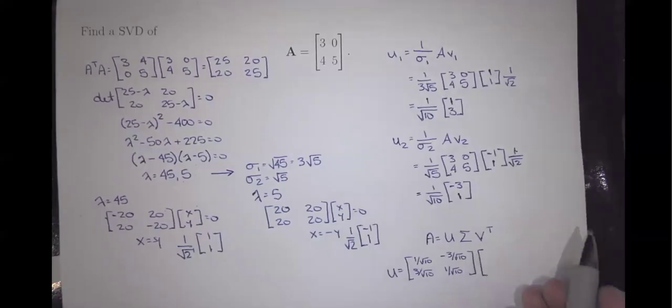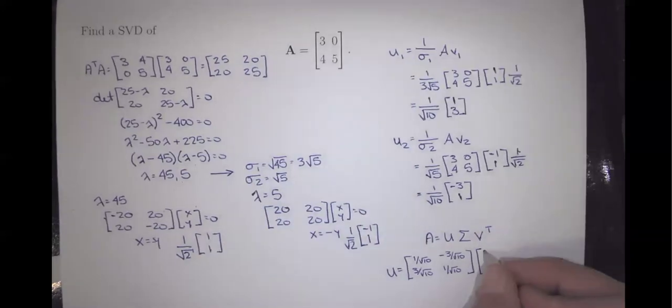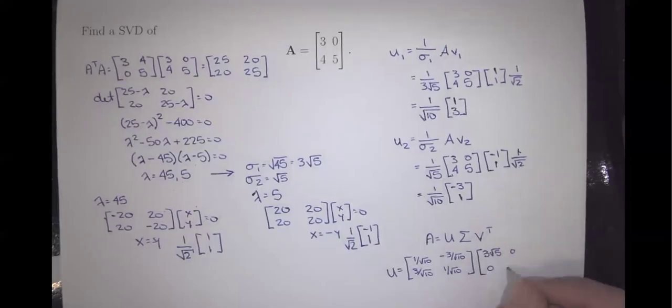Sigma is a matrix made up of these little sigmas on the main diagonal. So 3 root 5, 0, 0, root 5.